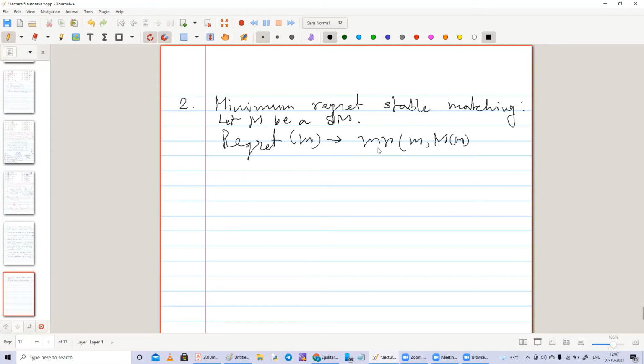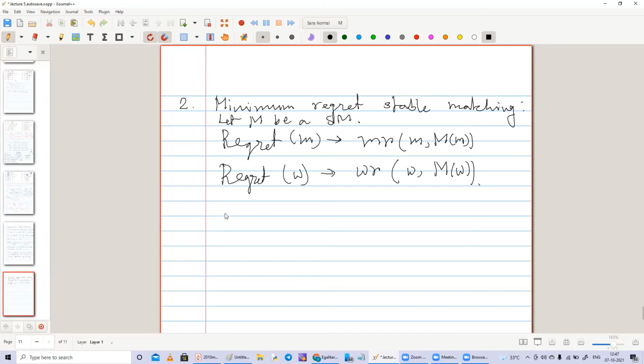The regret of a man m is basically the rank of his current partner in the matching M, the rank of the partner of small m in the matching capital M. And suppose the regret of a woman W is basically the rank of the partner of W in the preference list of W.